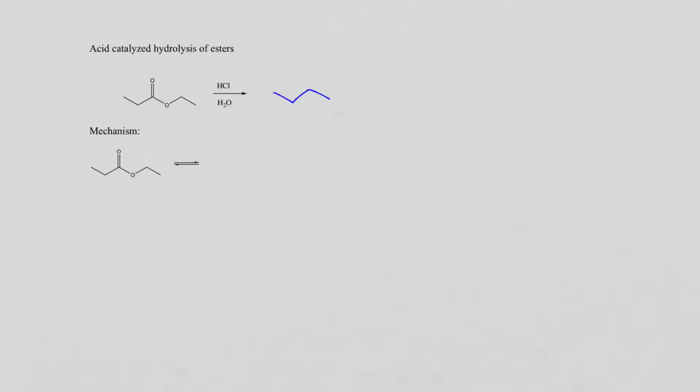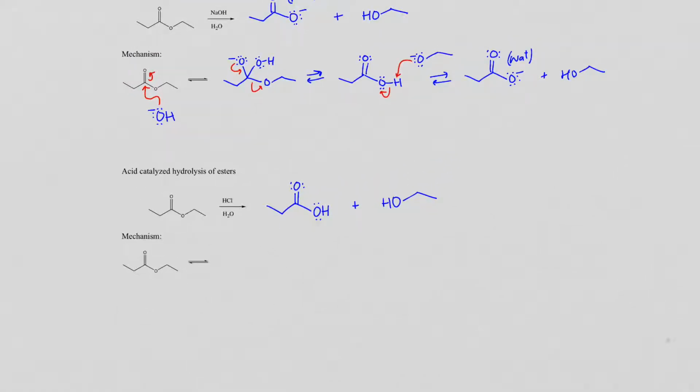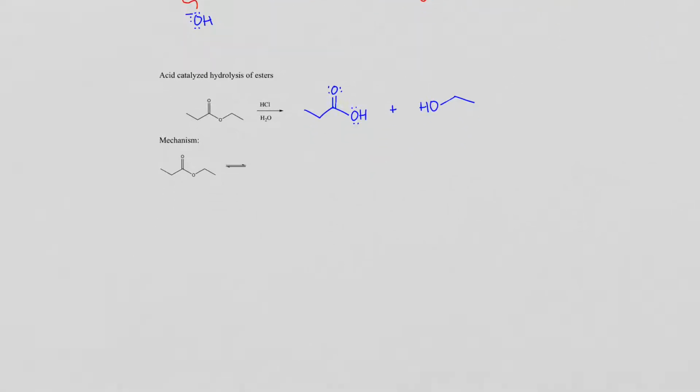Acid-catalyzed products are a carboxylic acid and ethanol. Now, since this is acid catalyzed, we have protons more abundantly, so we're going to have obviously the protonated form of the carboxylate. Let's draw through the mechanism.